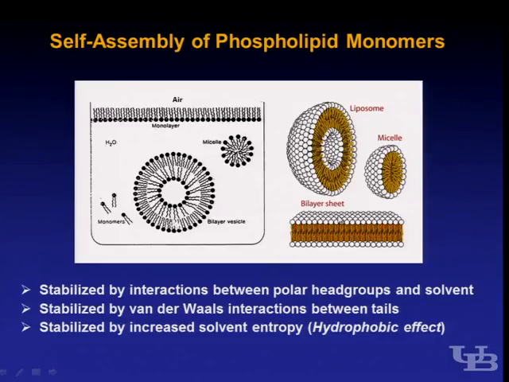All the polar head groups are towards the solvent, and then there's the other leaflet of the bilayer. So this is showing it to you in terms of a sheet, but this is really what we're talking about with respect to a cell or an organelle, where we're getting two aqueous environments on the outside and the inside, and they're separated by that bilayer.